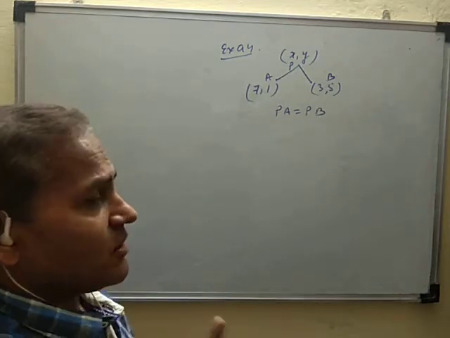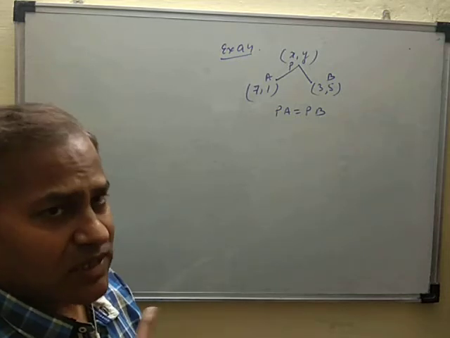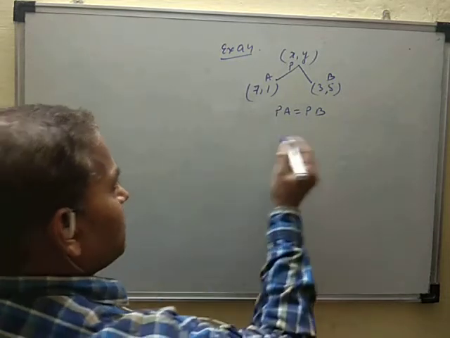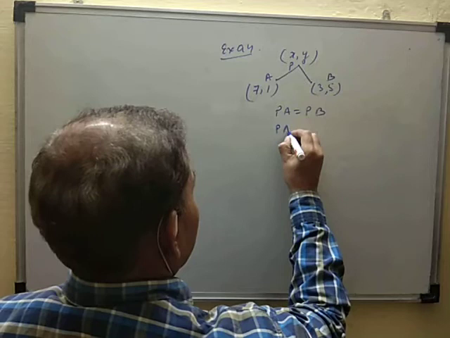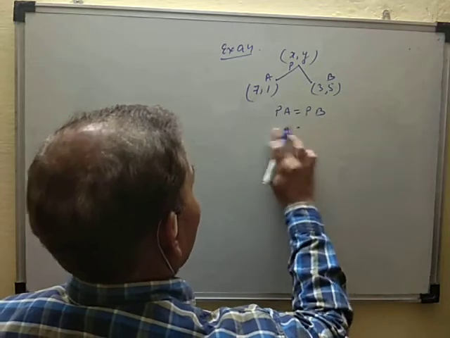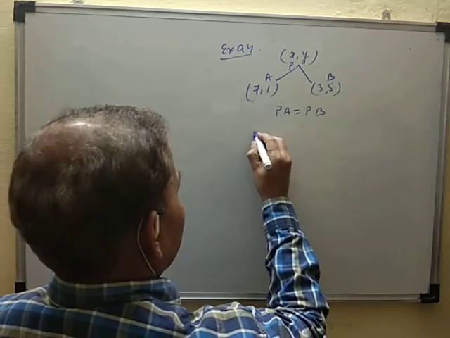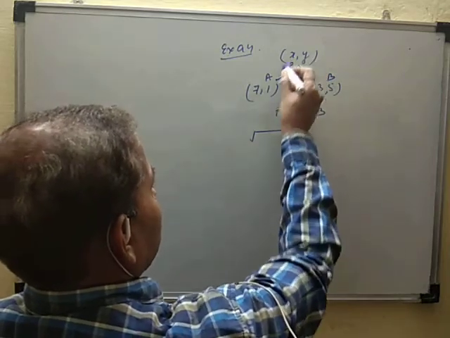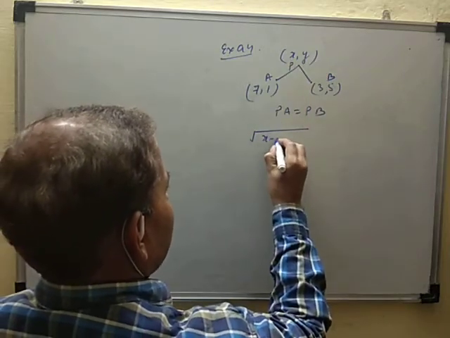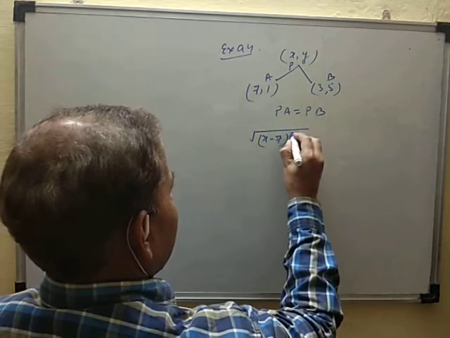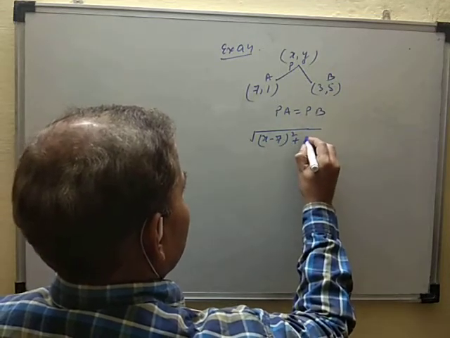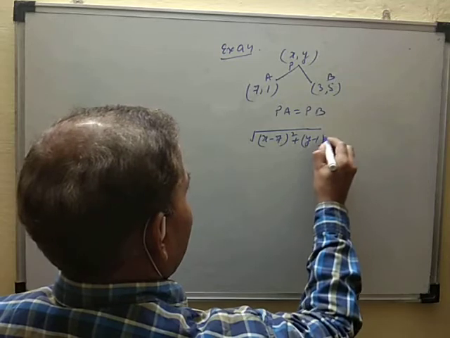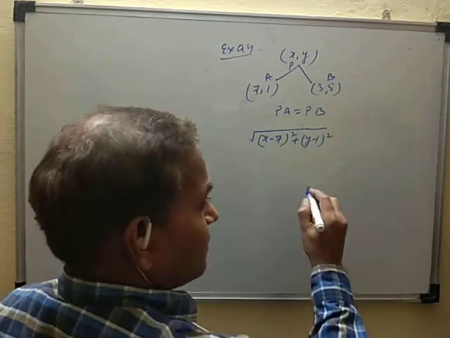Now find the relation between x and y. So when PA is equal to PB, then use formula, PA is equal to square root x1 minus x2 whole square, that is x minus 7 whole square plus y minus 1 whole square.